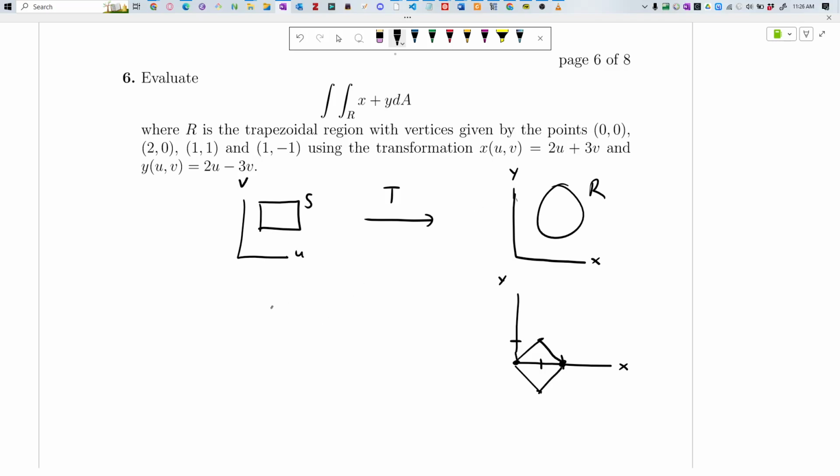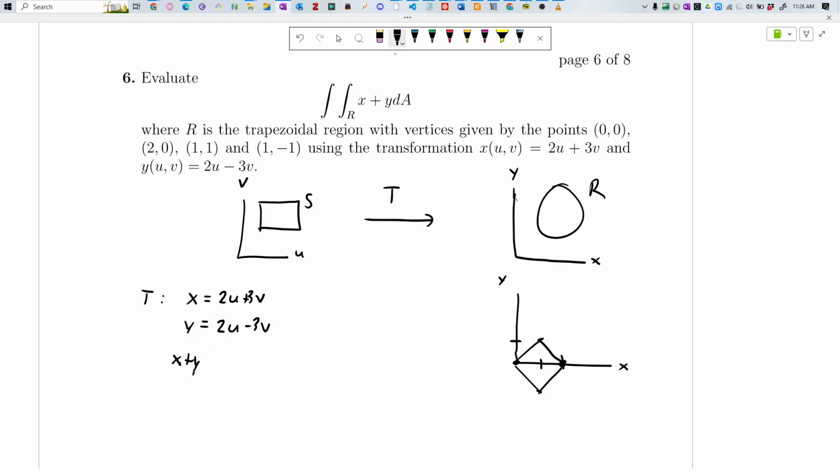So T given to us is like this. x is equal to 2u plus 3v, and y is equal to 2u minus 3v. Notice when I add both of these equations, the v's cancel, and we're just left with 4u.